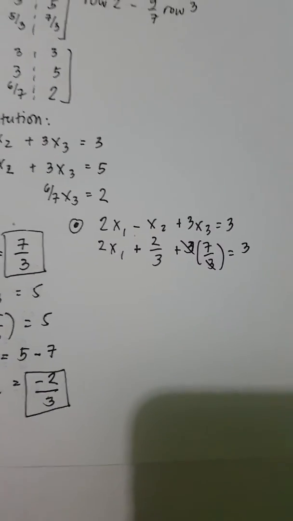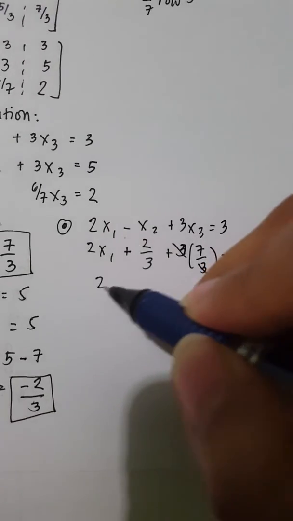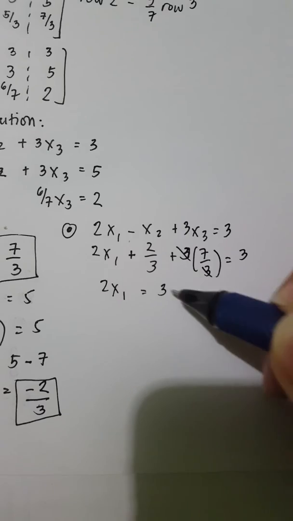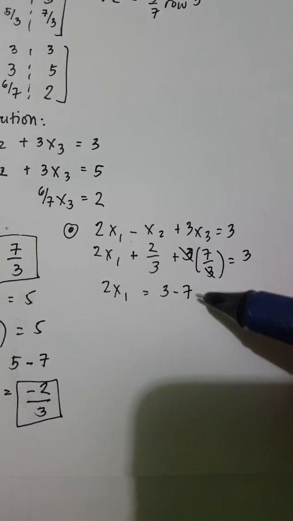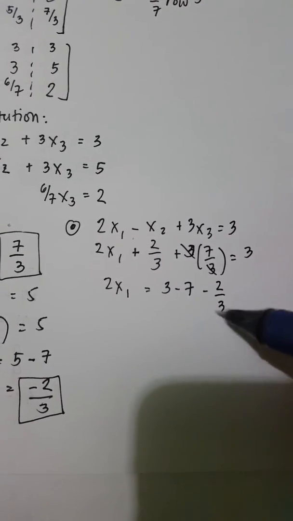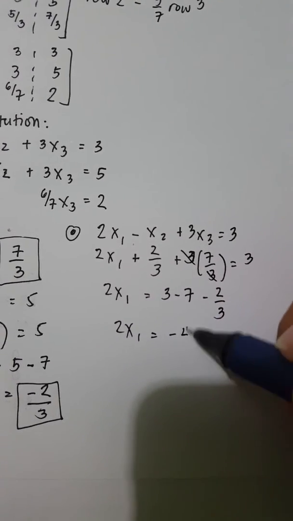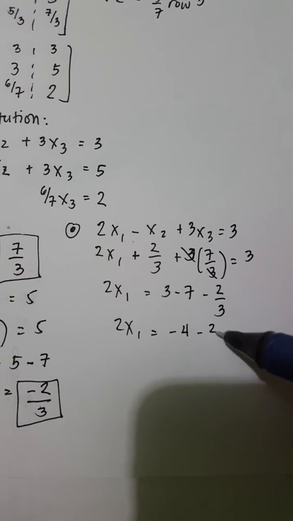So, once again, cancel yun. We now have 2x1 is equal to 3 minus 7 minus 2/3. And 2x1 is equal to negative 4 minus 2/3.